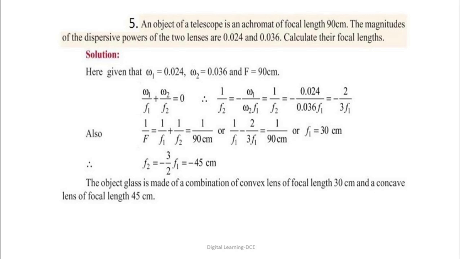Therefore, f2 is equal to -3/2 f1, which is equal to -45 centimeter. The object glass is made of a combination of a convex lens of focal length 30 centimeter and a concave lens of focal length 45 centimeter.